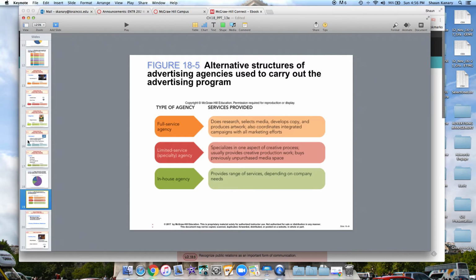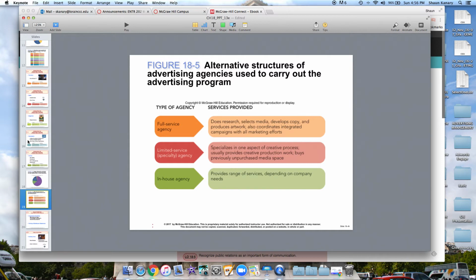Now, when we talk about creating an advertising program, sometimes we'll work with an ad agency. Now, there's three types of agencies. A full-service agency, which does research, selects media, develops copy, produces artwork, and coordinates everything for all marketing efforts. This is the full-service agency. There's a specialty agency.